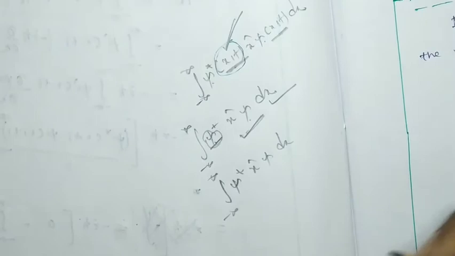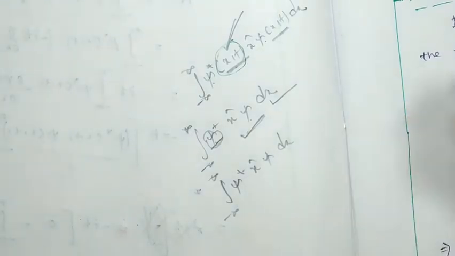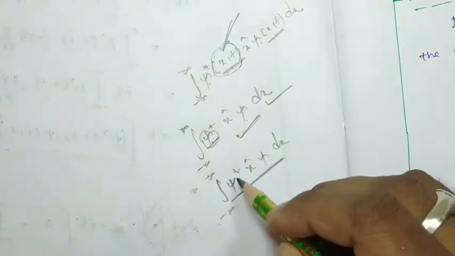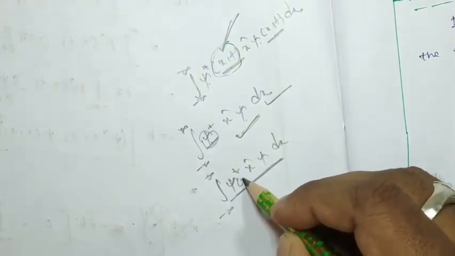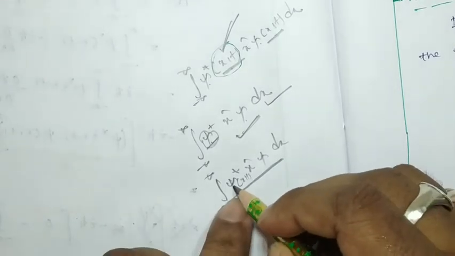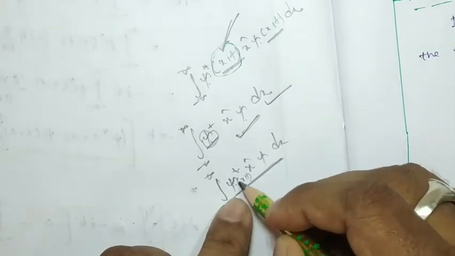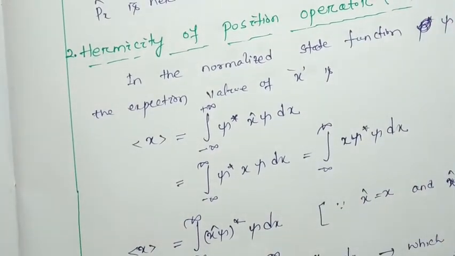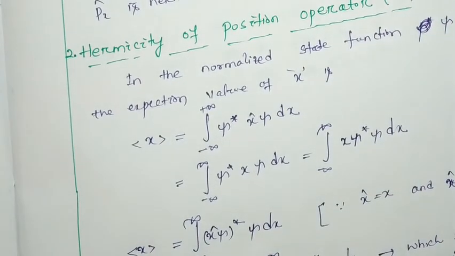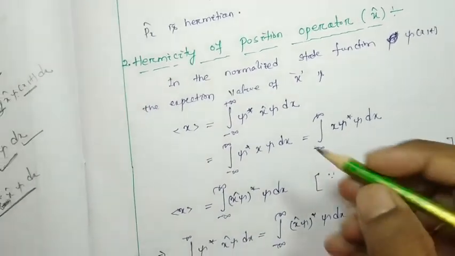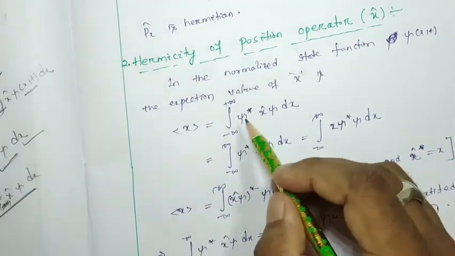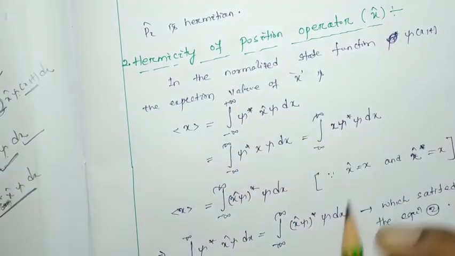So I suggest that most of the time I will also write in this format, and you have to consider that although psi(x,t) is not written, it does not mean it is not a function of x,t. It is a function of x,t, but not written. Simple. So in all the books you refer to, they have written in this format without the corresponding function, and that is not a big issue.